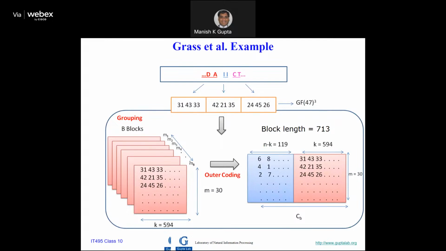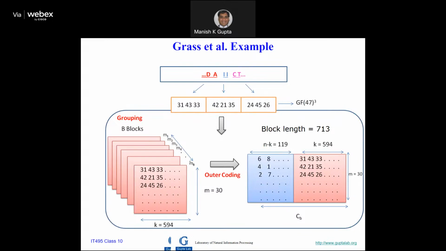Now you make blocks. One block of size 594 into 30. See that 31, 43, 33, 42, 21, 35, like that. They are written just like that, but all these things are arranged in a block where the number of symbols is 594 here. So basically you are arranging the whole data stream in the form of an array.